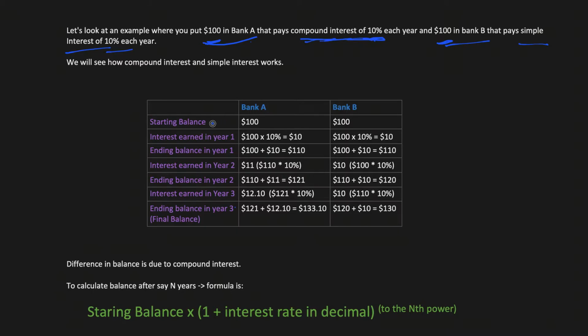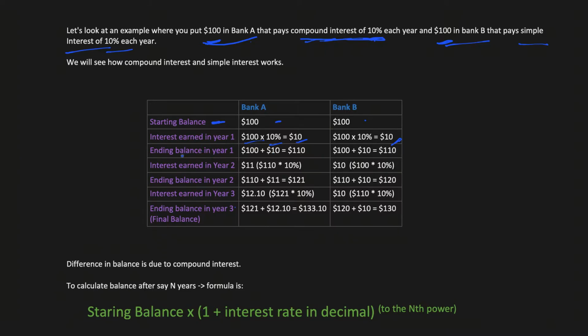So starting with the initial balance, we know that we deposited $100 in both the banks. Now, if we calculate interest earned in the first year, all we have to do is multiply the initial balance with 10%. We get $10 in bank A and we get $10 in bank B. So that's the interest earned.